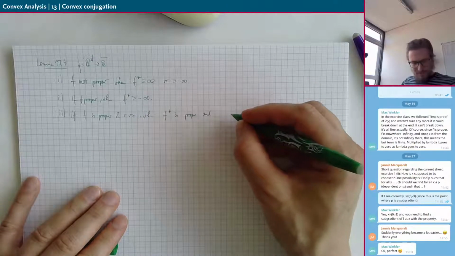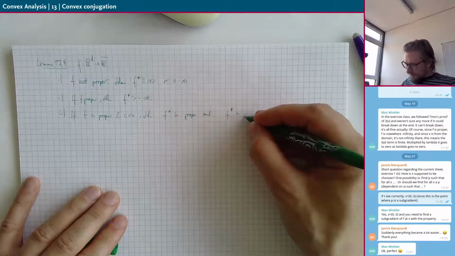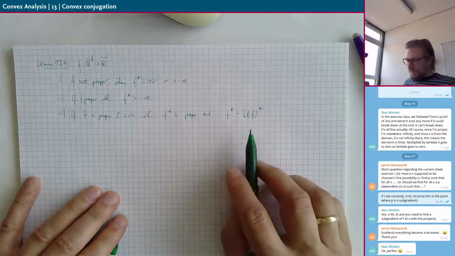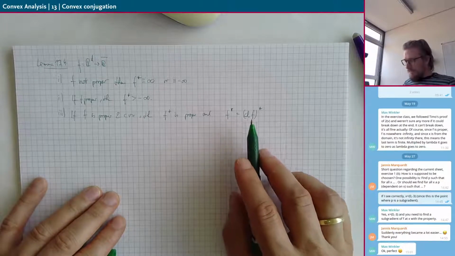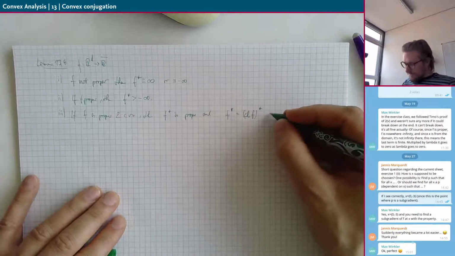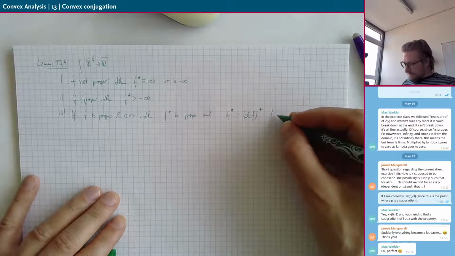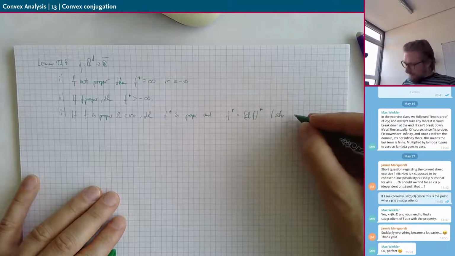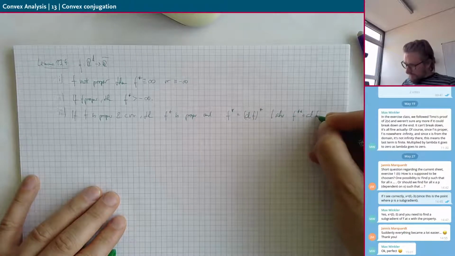The one fact is that f star, the conjugate of f, is equal to the conjugate of the closure of f. So taking first the convex and lower semi-continuous hull, and then the conjugate, doesn't change anything. Now comes the most amazing fact, though the proof of this is not part of this lemma. I write it in parentheses: the biconjugate equals the closure of f.